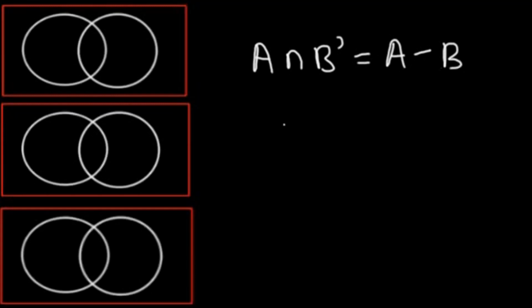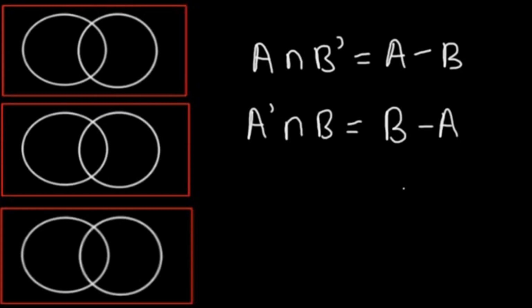Now, how does A intersection B complement equal A minus B? And also, how does A complement, or A prime, intersection B equal B minus A?